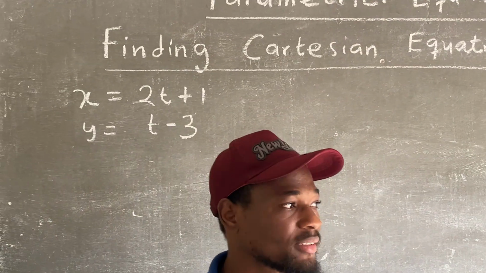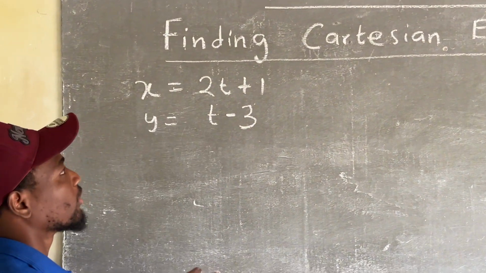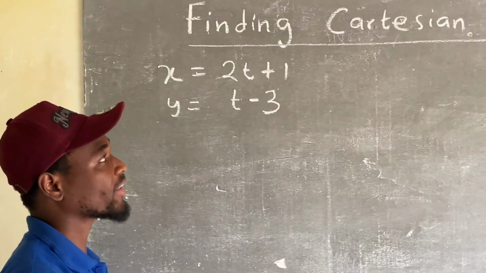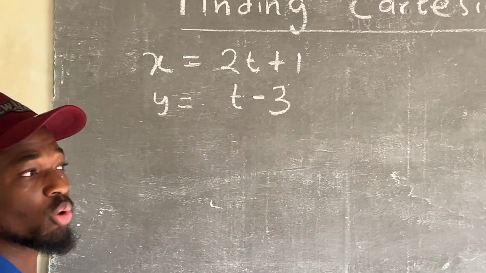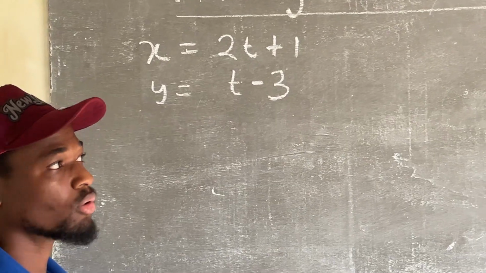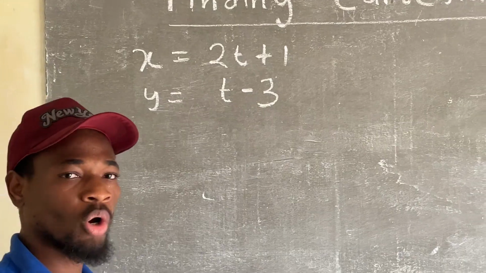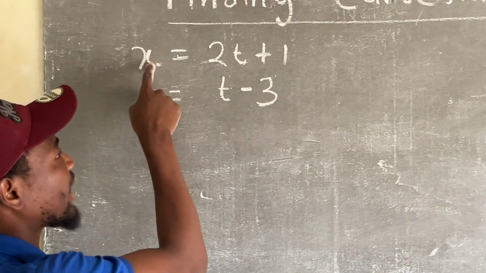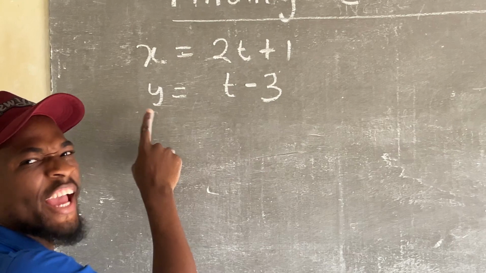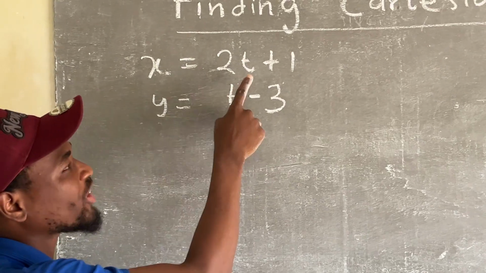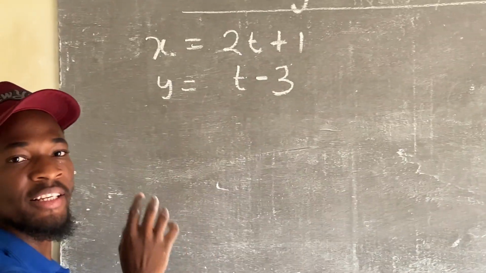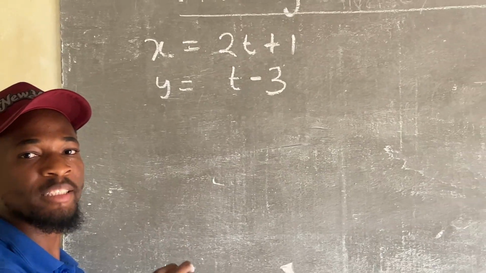Okay, so viewers, now let's see how we can convert parametric equation into Cartesian equation. What did we say parametric equations are? We said when you have x and y expressed as functions of t, then that equation is parametric.